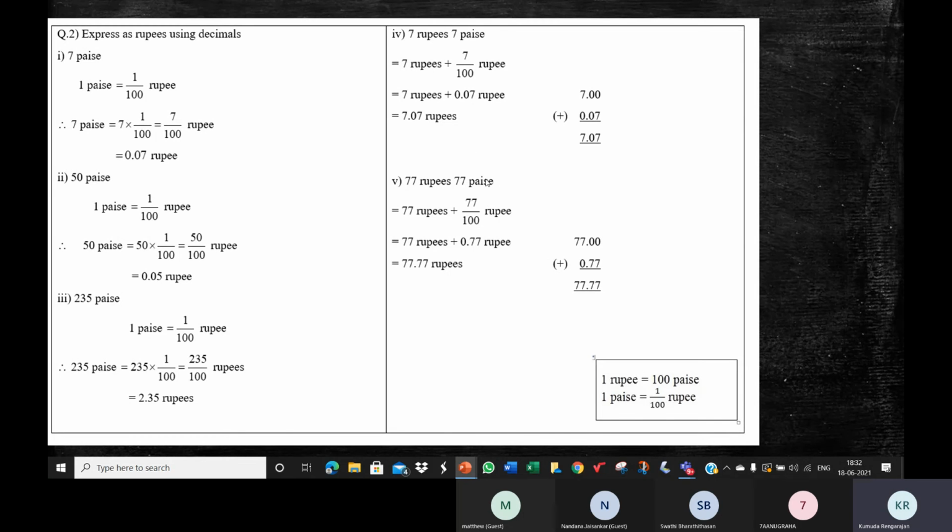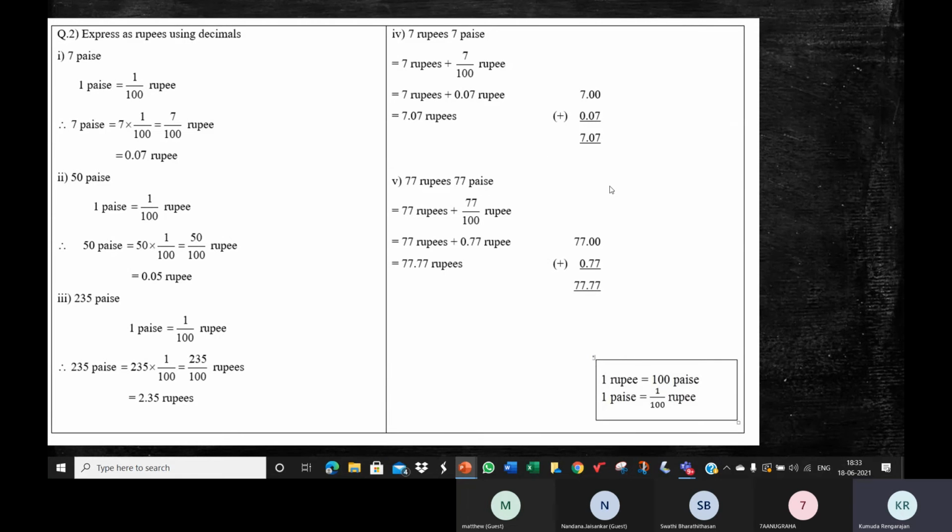So now we are converting, see children, we are converting paise to rupees. So we should use this one. Paise to rupees, we should use this one. 1 paise, 1/100th of a rupee. 77 paise will be 77 into 1/100 of a rupee.